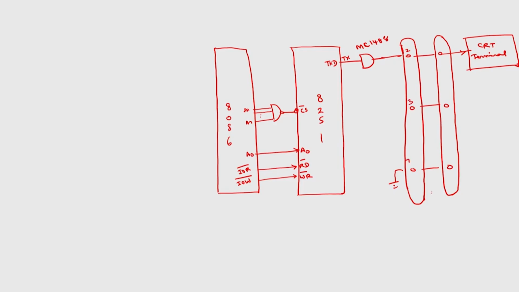Pin seven is ground. This is the RS232C cable.